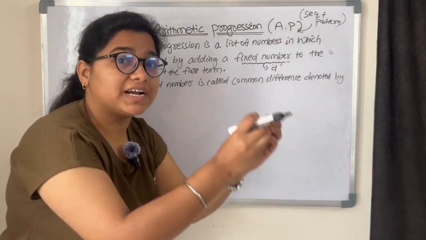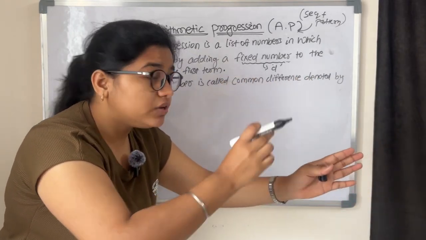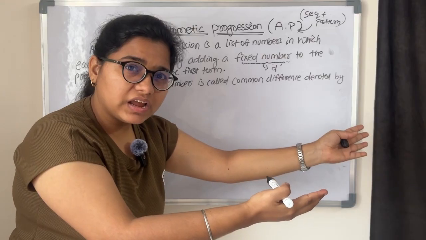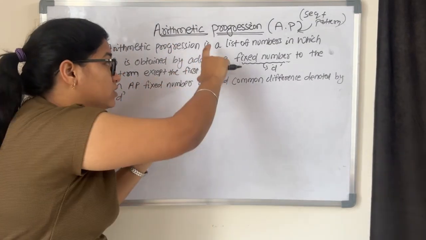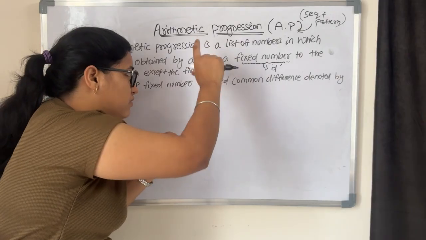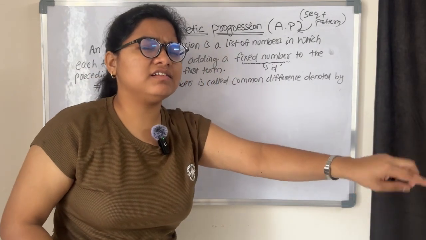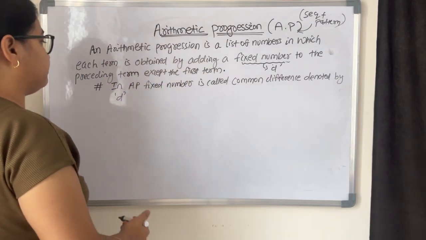Means sequence plus pattern equals AP. And we need to find whether the sequence follows the pattern or not. So how to check? If the sequence satisfies this definition, then we can say that the sequence is in AP. Okay, fine.